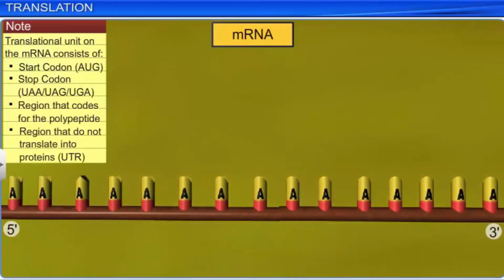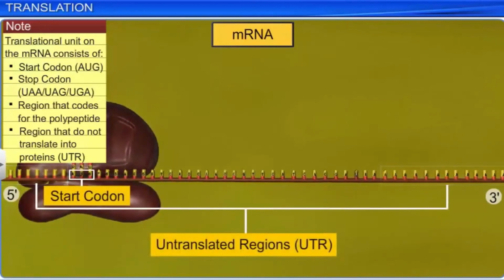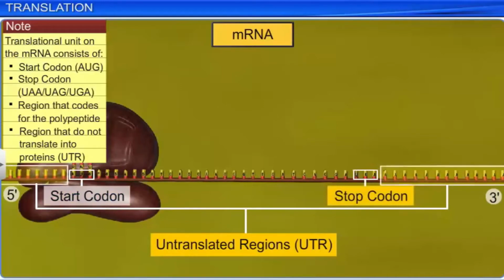These regions are present at both the 5' end before the start codon and the 3' end after the stop codon and ensure efficient translation.